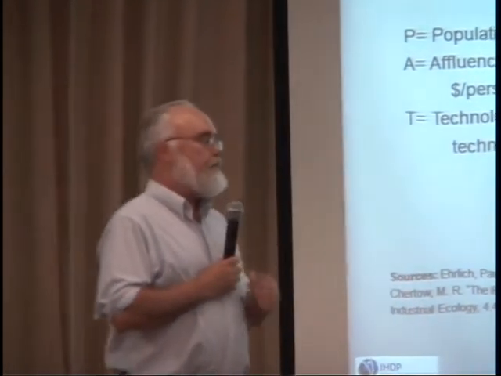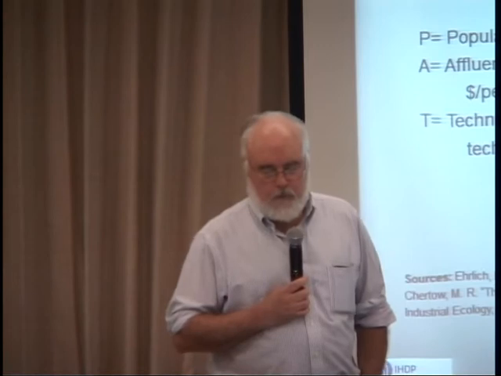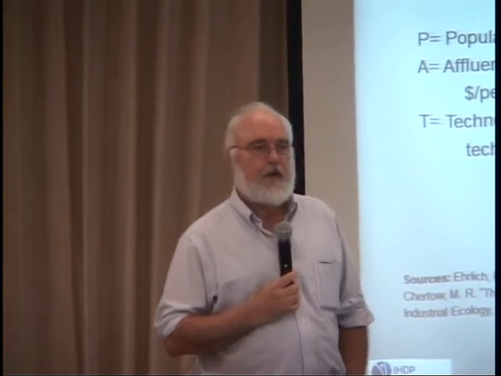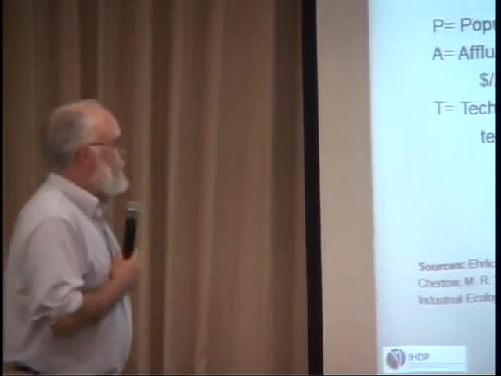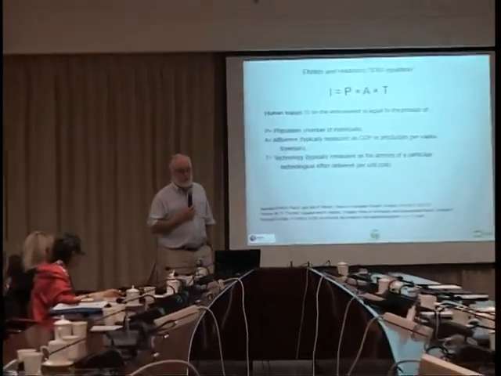This equation grew out of a debate between Paul Ehrlich, John Holdren, and Barry Commoner in 1970. Barry Commoner was a scientist who was concerned primarily about technological impacts on the environment following World War II, such as the development of detergents and pesticides, things like that, fertilizers, and had written some things that essentially blamed technology for a lot of environmental problems.